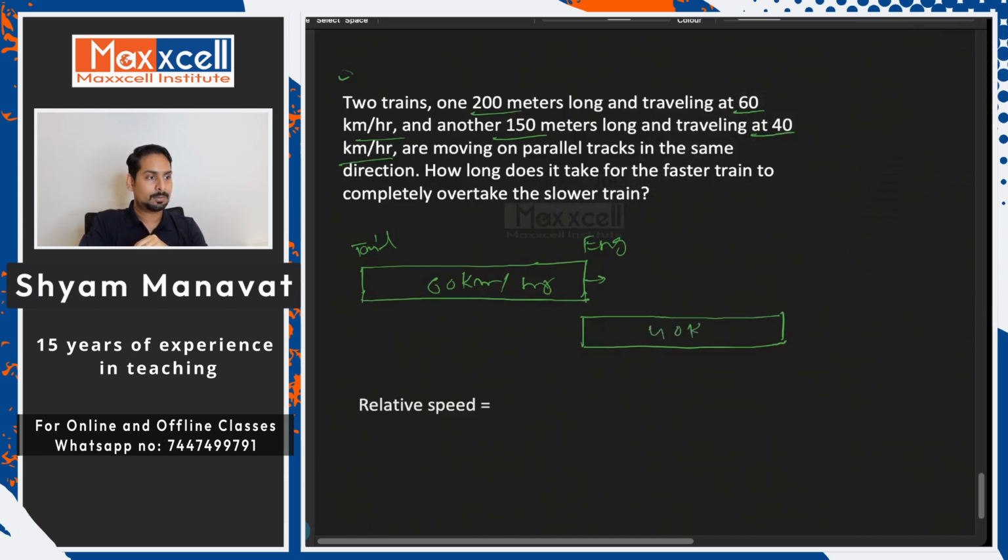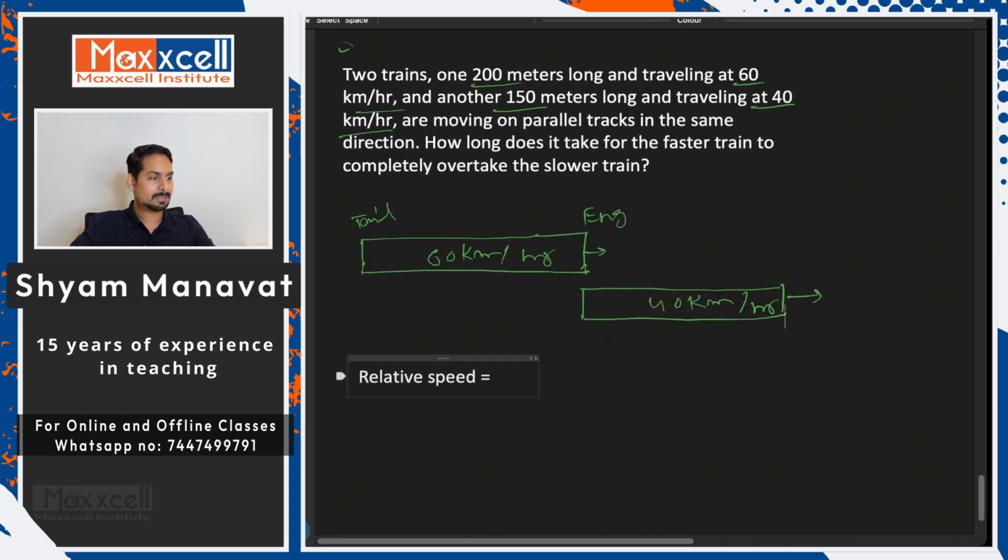I hope you are okay with me. You are agreeing with me here. Okay, correct, moving in this direction. All right. I'll first write the relative speed, because both of them are moving in the same direction. That is 60 minus 40 in kilometers per hour, and because the length of the train is in meters, we have to convert the speed also into meter per second.